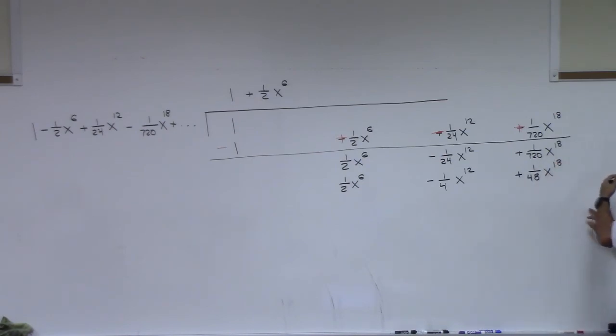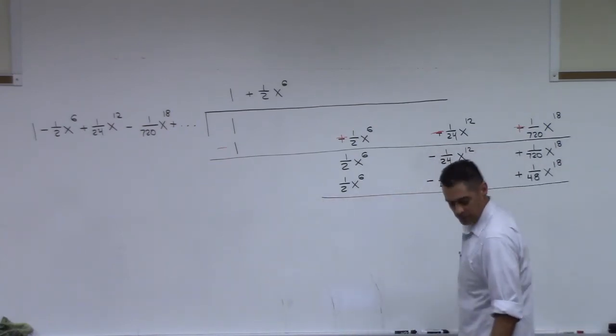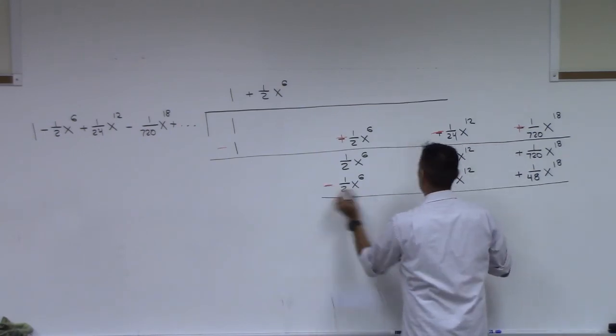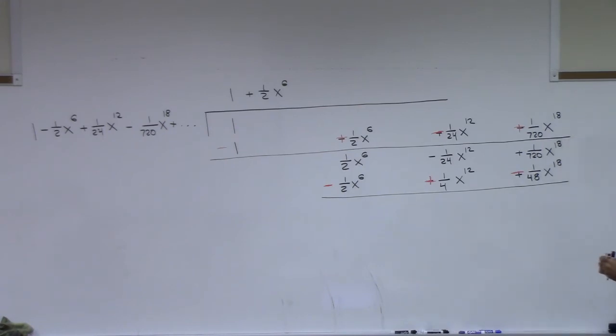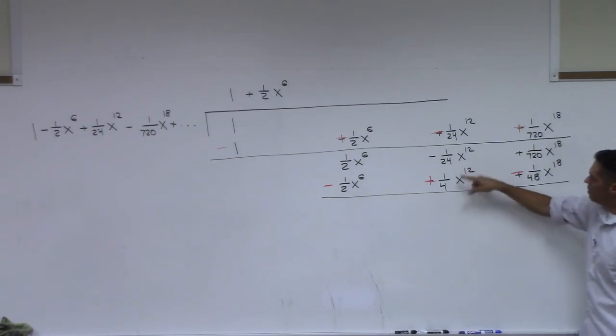And then I would keep going, right? But I think I'll stop there. Come through and subtract this out. So this becomes a minus, this becomes a plus, this becomes a minus. Add straight down, these go away, and then here.